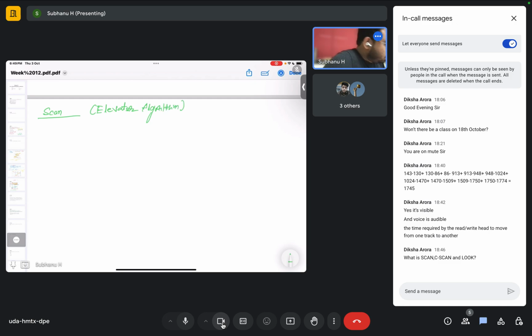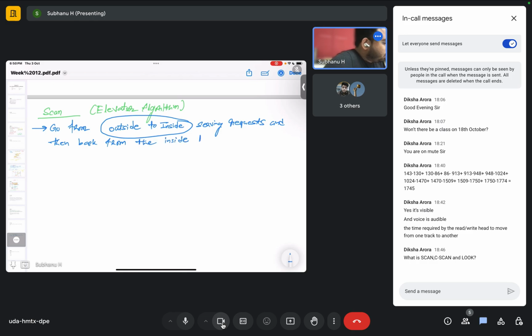So how is this solved? The algorithm says to go from outside to inside, serving requests, and then back from the inside to the outside, servicing requests.